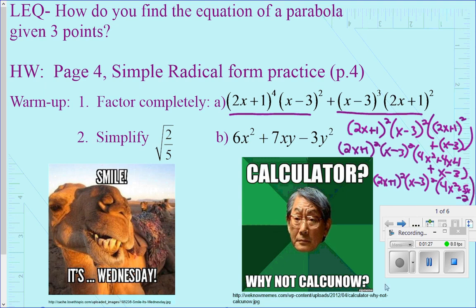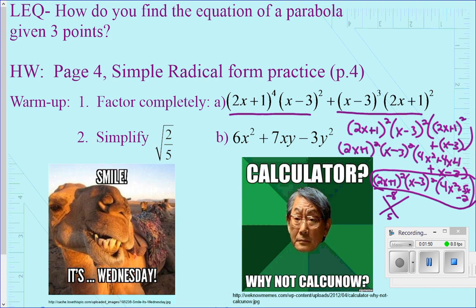If I check that, negative 8 would be the top, 5 would be the bottom. Factors of 8 do not add to 5. So the quantity 2x plus 1 squared times the quantity x minus 3 squared times the quantity 4x squared plus 5x minus 2 is the final answer.